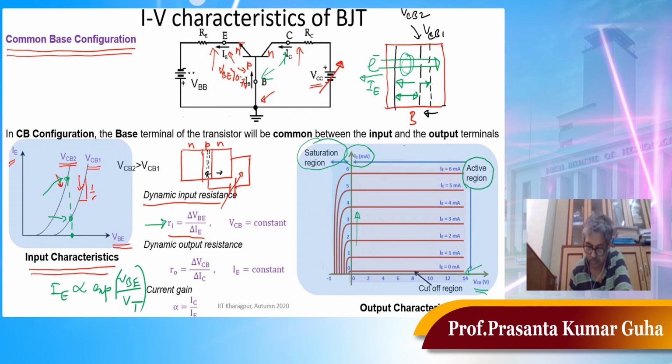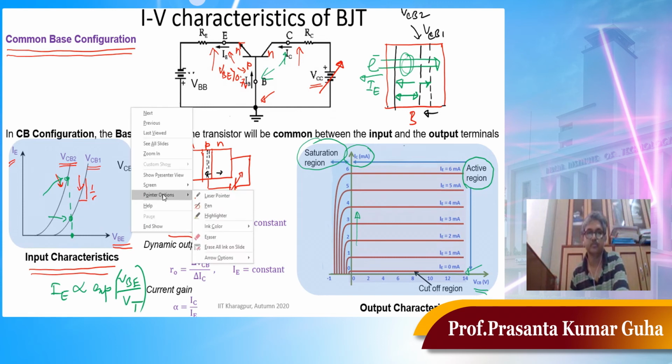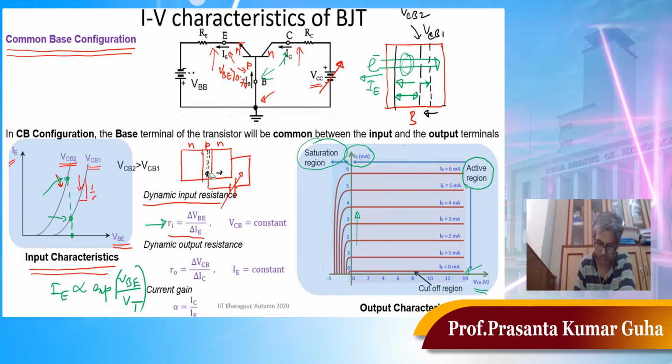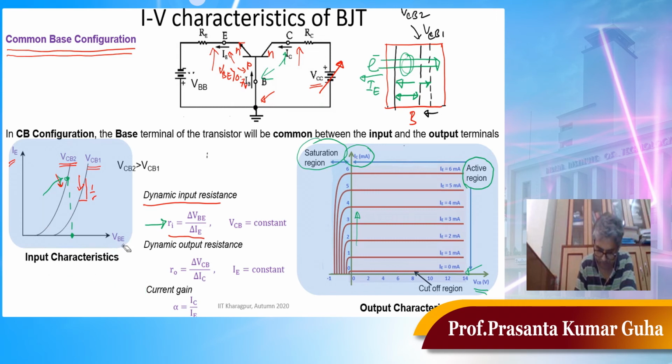Now the active region is basically the region where your base emitter junction is forward biased, you remember, and the base collector junction is reverse biased.